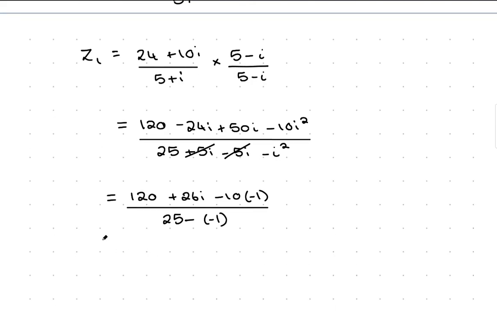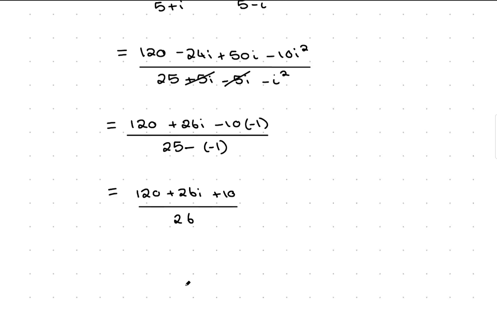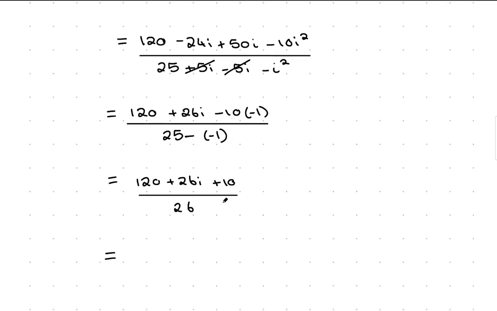So simplifying that out, we're going to have 120 plus 26i plus 10 all over 25 minus, so it's going to be plus 1, so 25 plus 1, 26. Tidying this out further, we're going to get 130 plus 26i all over 26. So we're nearly there now.